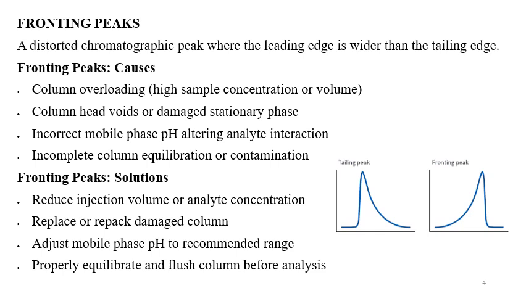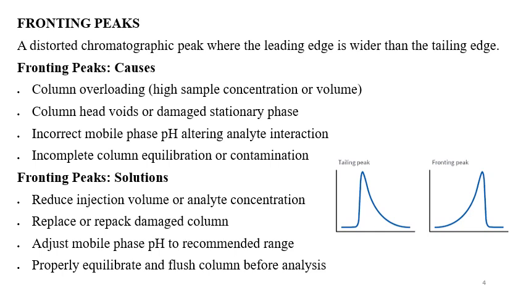Then incorrect mobile phase pH, altering analyte interaction. Because the pH of the mobile phase has an impact on the separation, it may lead to fronting. But many of the times, because of the high concentration of the sample, fronting may happen.